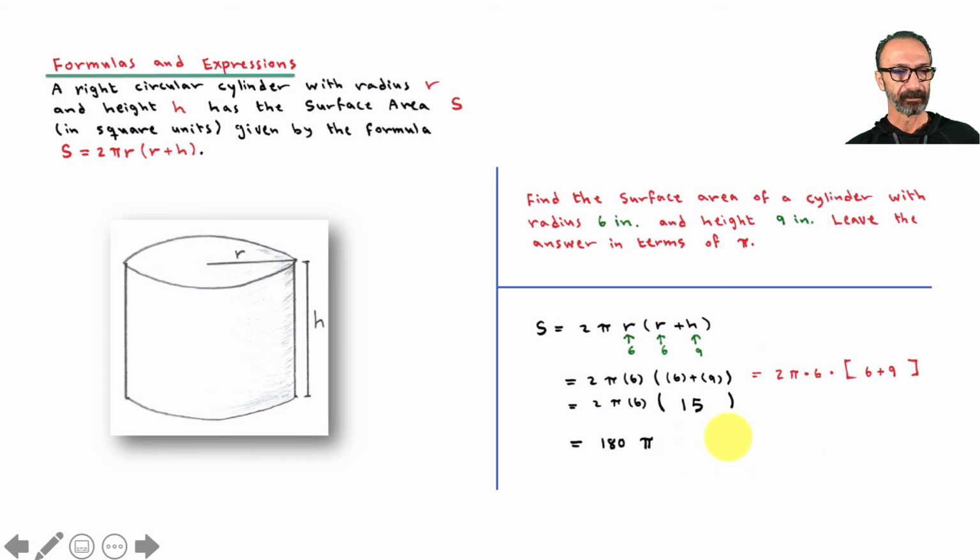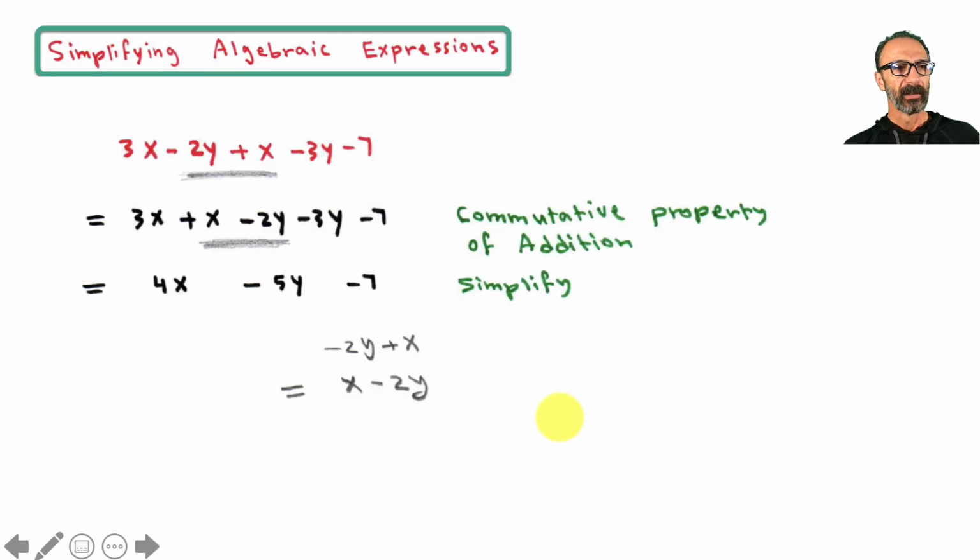One more example. We're almost done, by the way. Simplifying algebraic expressions. How do you simplify 3x minus 2y plus x minus 3y minus 7? Well, the x's are not next to each other, and the y's are not next to each other. But if I look at these two terms, and I switch them around, they become x first and minus 2y after. This is called the commutative property of addition.